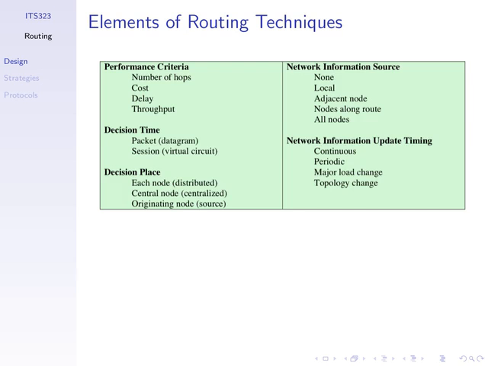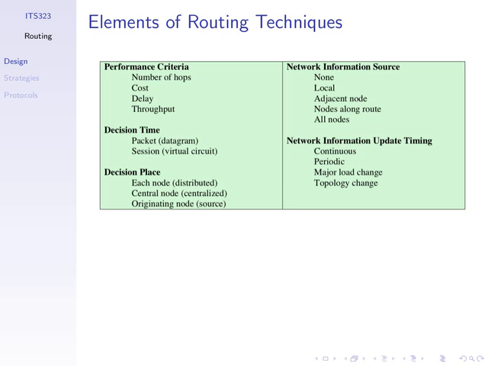Number of hops is additive. That is, if one link has a hop of 1, a path with 2 links has a cost of 2 hops. Financial cost is additive normally. If it costs me 1,000 baht for the first link and 2,000 for the second link, the total cost is 3,000. Delay is additive.